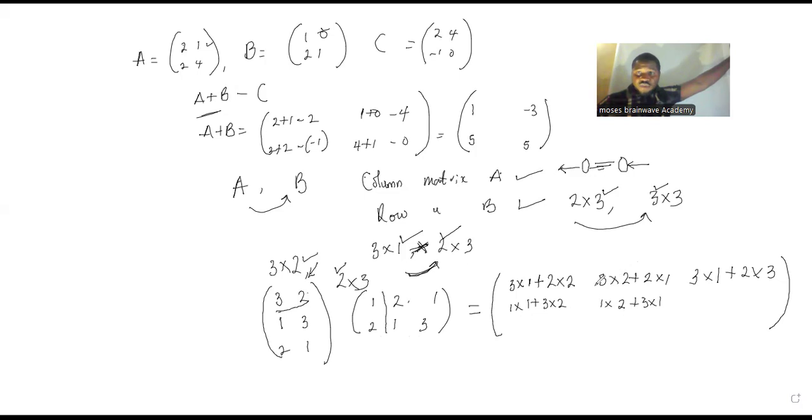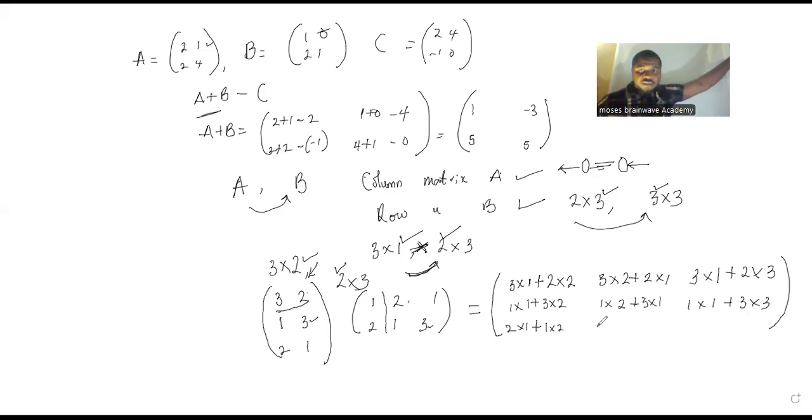Lastly, 1 multiplied by 1 plus 3 multiplied by 3. Then for the last row, we have 2 multiplied by 1 plus 1 multiplied by 2.